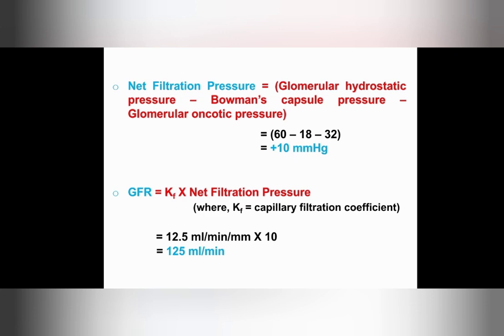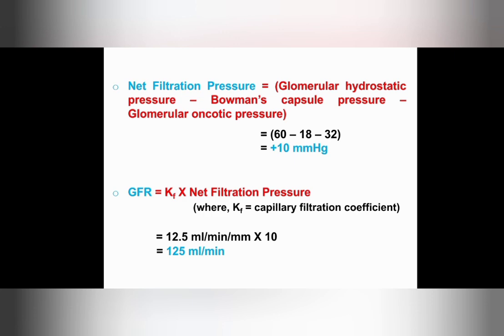Kf is called the glomerular capillary filtration coefficient, and it is already measured in humans. That coefficient is around 12.5 ml per minute per mm Hg. I repeat, the GFR is calculated by the formula: net filtration pressure times Kf. According to our calculation, the net filtration pressure is plus 10 mmHg.